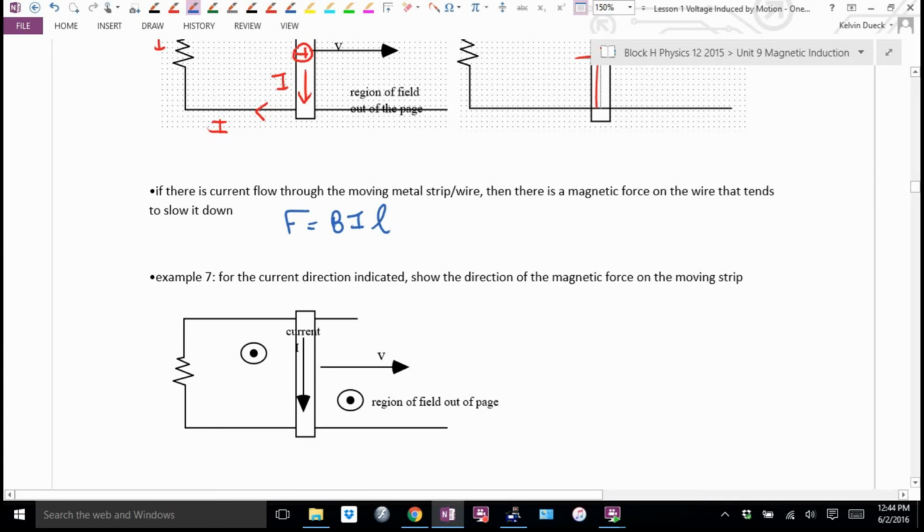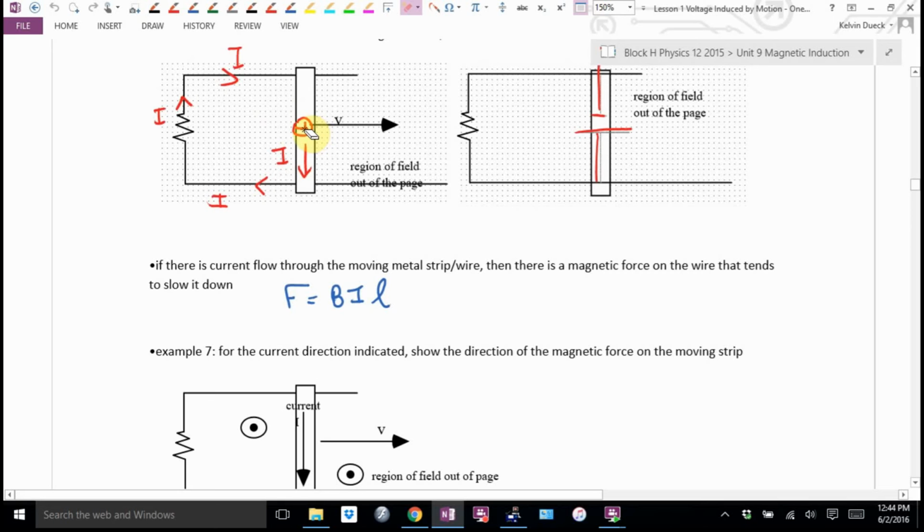Right? Which way did we figure out the current was flowing inside that wire? Down the page. Okay, so we started out looking at a charge, and because the wire was moving to the right, the charge is moving to the right, but it's also moving down.